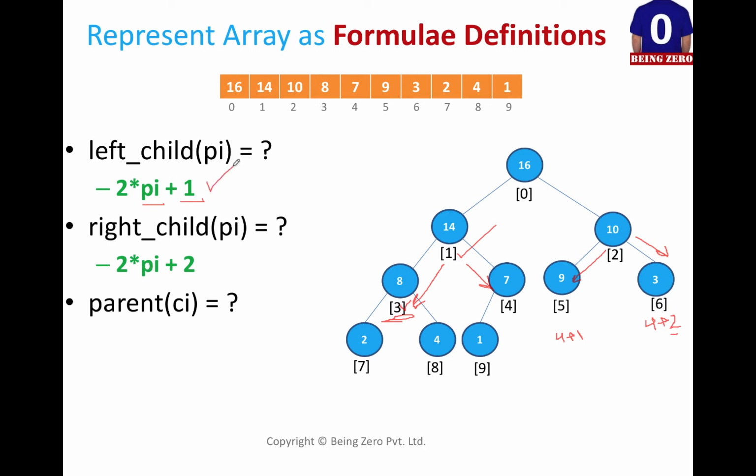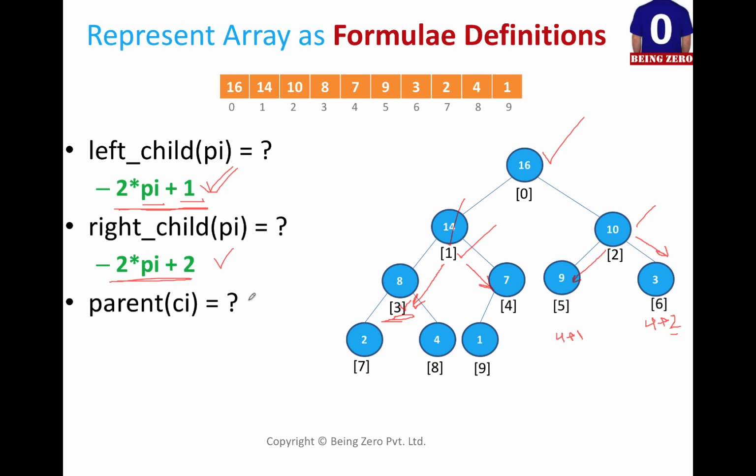So these two formulas we have validated here, they hold good. Let's validate for 0 also. 2 into 0 plus 1 gives us 1, that is the left child of 0, and 2 into 0 plus 2 gives us 2, the right child of 0. So these formulas look good, they are the right formulas for finding the left child and right child if the parent index is given.